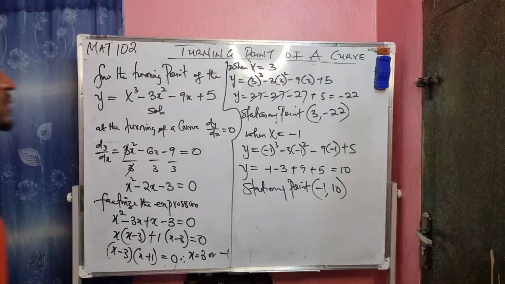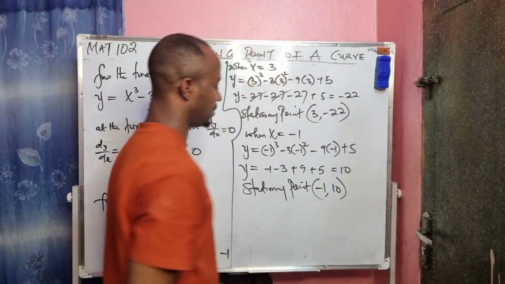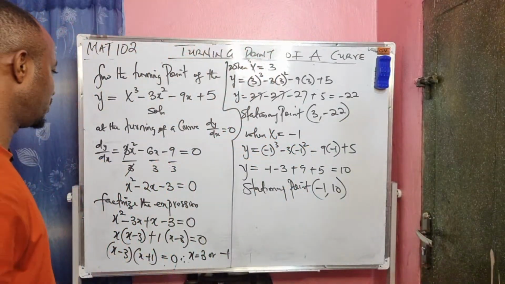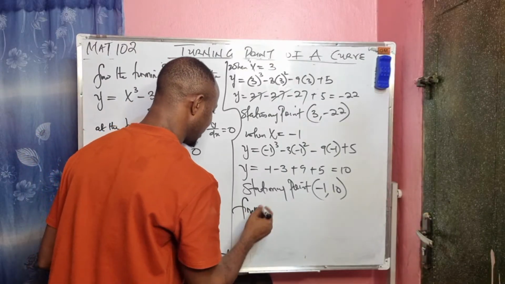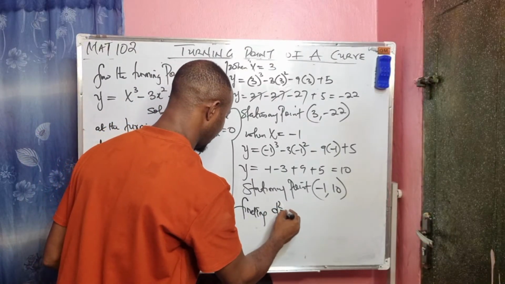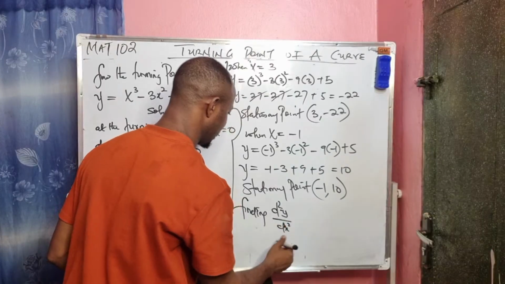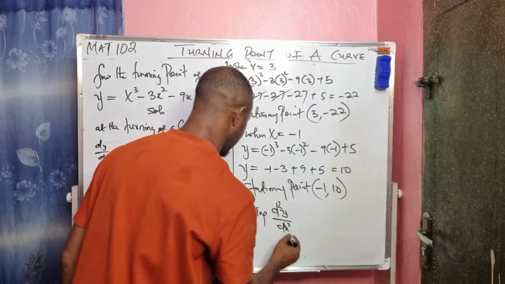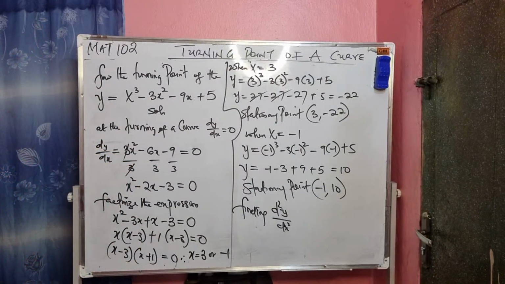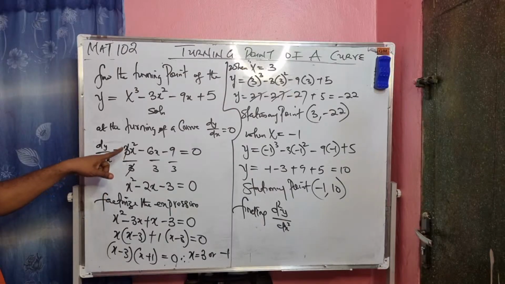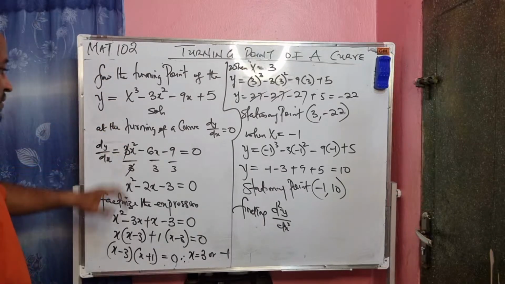But we don't know which of these is either minimum or maximum. So what we do is we have to find the second derivative, which is d2y over dx squared. Okay, let's check this out. It means I will now further differentiate this. You know, we differentiated this to give us this.